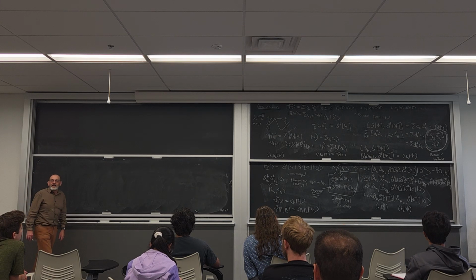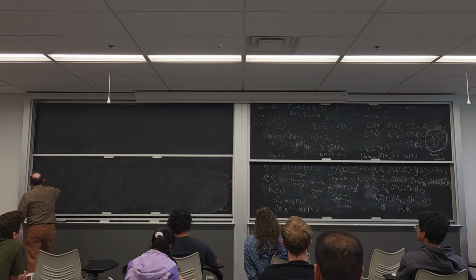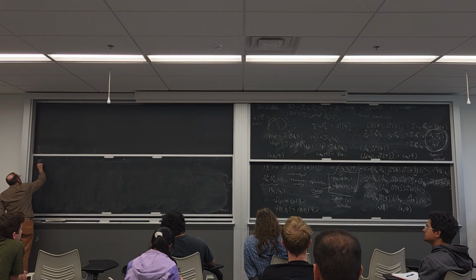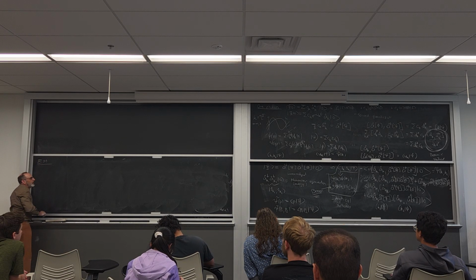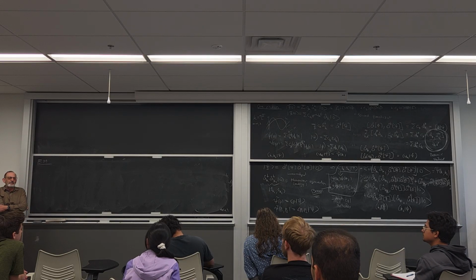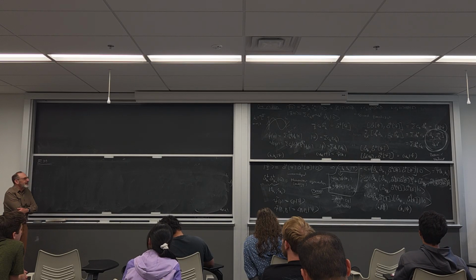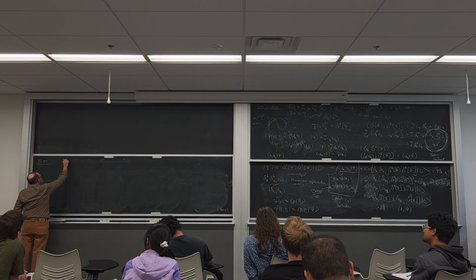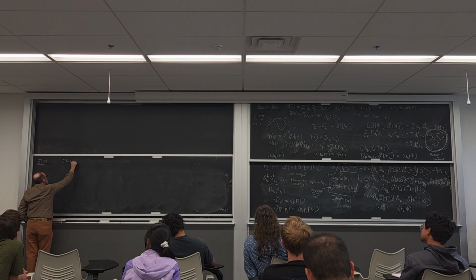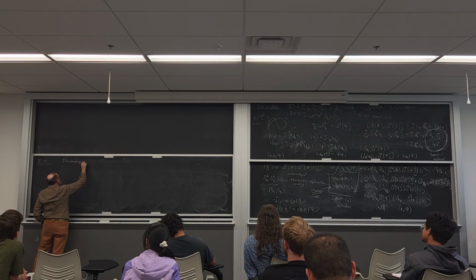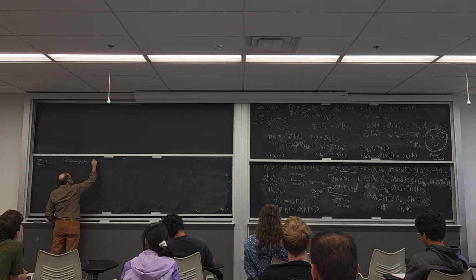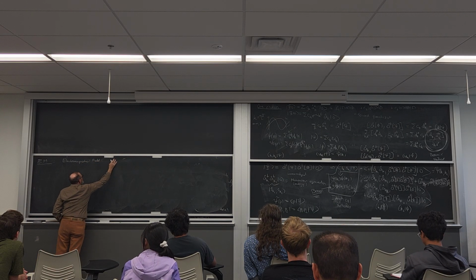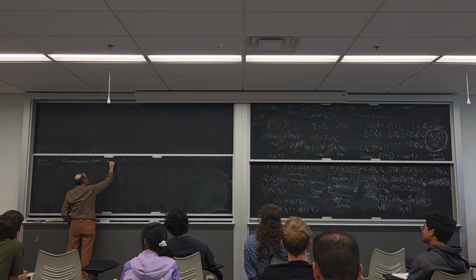Okay, so now we're going to talk about the electromagnetic field. What's the first thing when you talk about that? What equations should you write down? Maxwell's equations. Okay. So we have the electromagnetic field, and in particular, we want to talk about the free field.